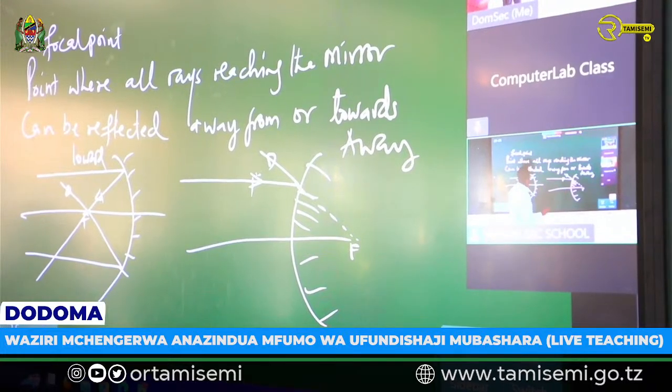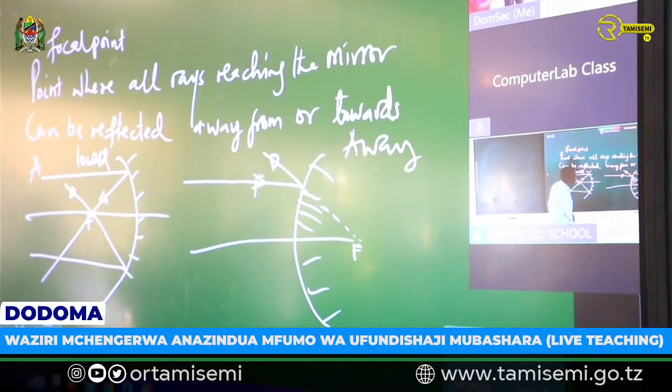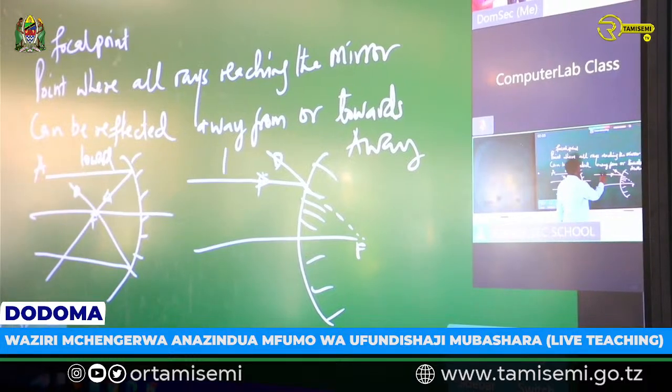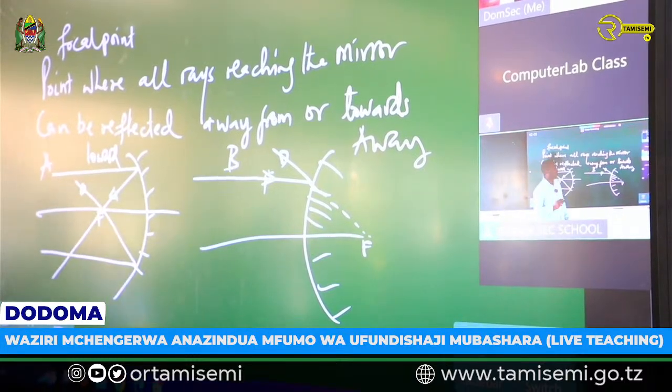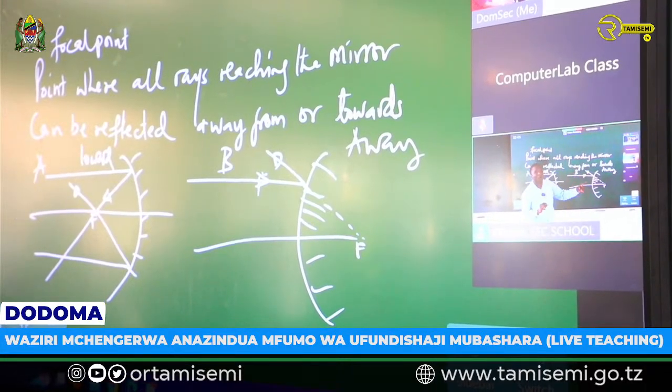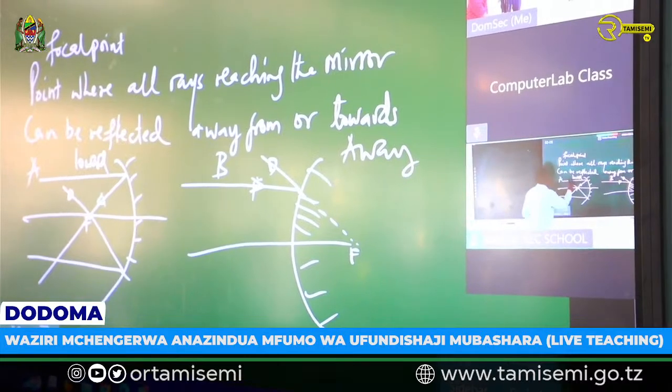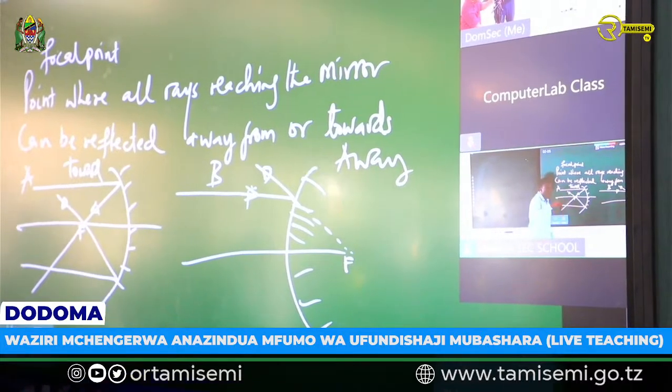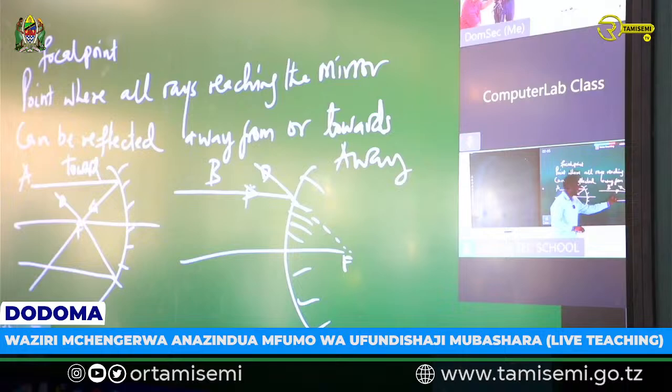This A is a converging mirror, while B is a diverging mirror. So light falling on a diverging mirror is reflected away from the focal point, but light falling on a converging mirror is reflected towards the focal point. So that's the focal point.